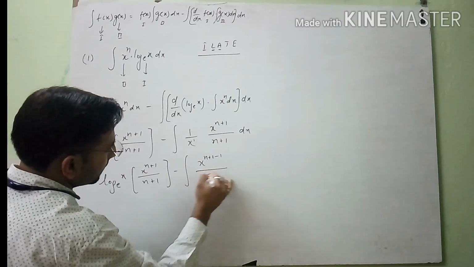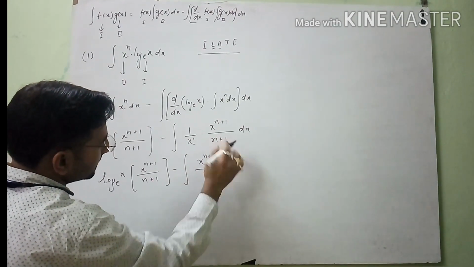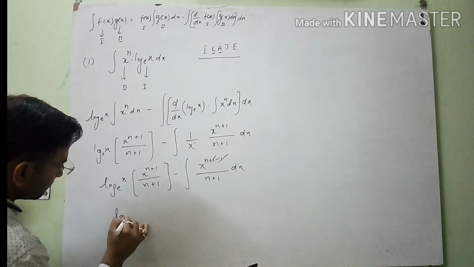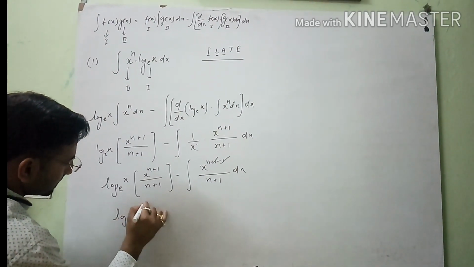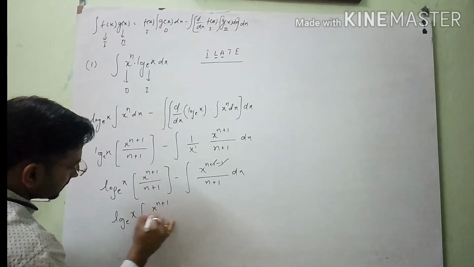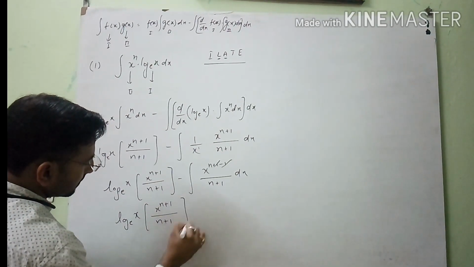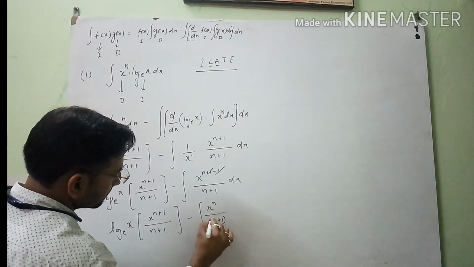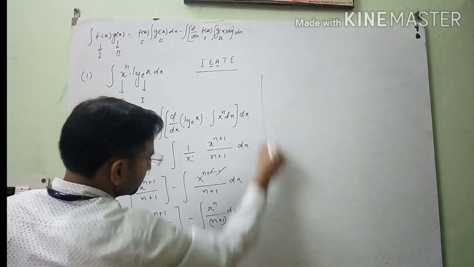Clear student? In the denominator, the value remains the same. After the cancellation of these two, see here what comes: log x, x raised to the power n+1 over n+1, minus x raised to the power n over n+1 dx.